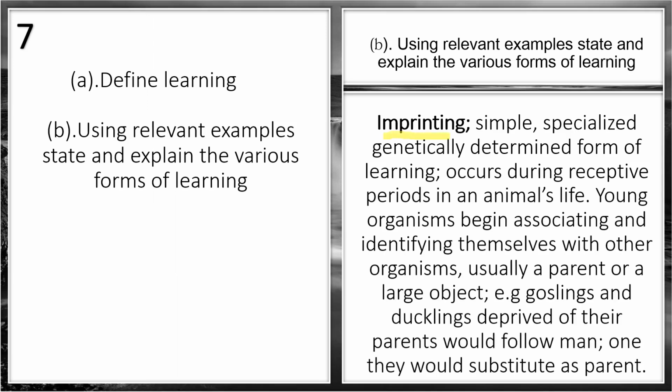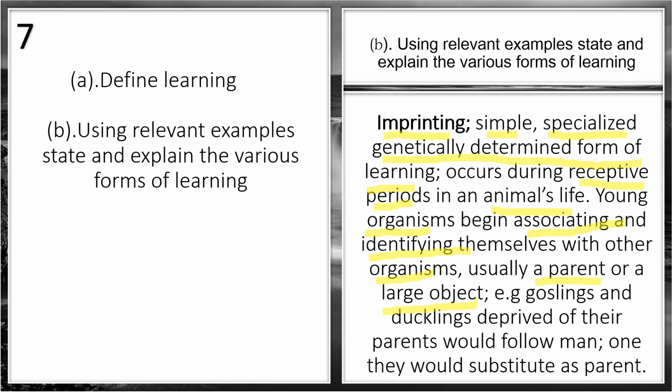Imprinting, simple, specialized, genetically determined form of learning. It occurs during receptive periods in the animal's life. Young organisms begin associating and identifying themselves with other organisms, usually a parent or a large object.